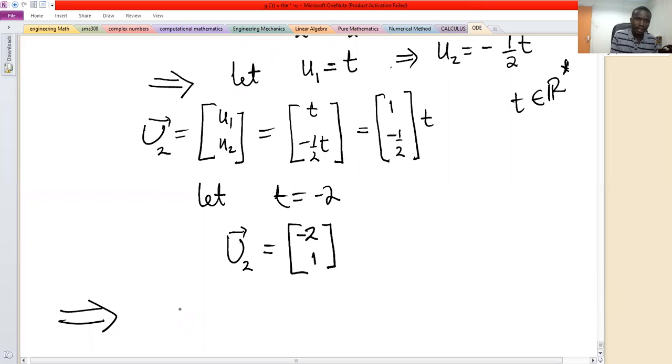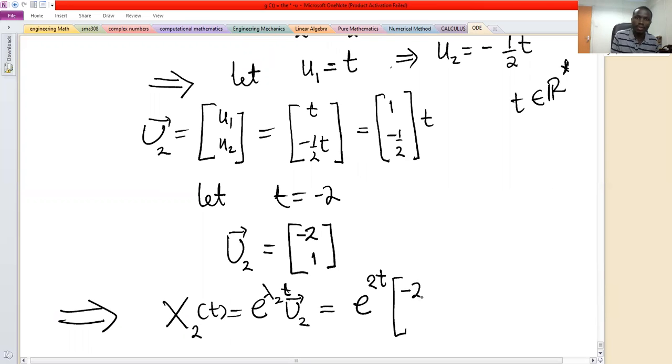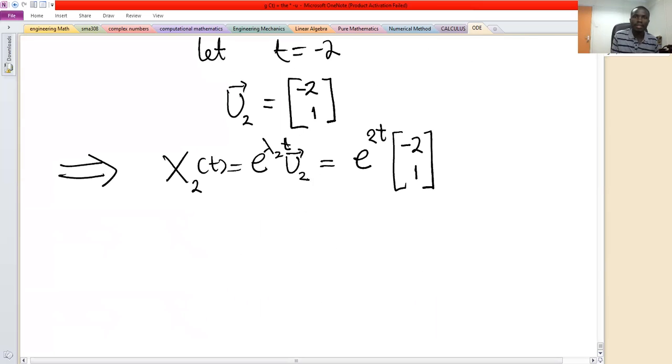which implies x2 of t by definition is e raised to power lambda 2 t U2, will be given by e raised to power 2t, and then this minus 2, 1. So that's what I have.